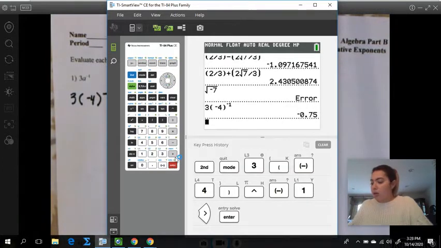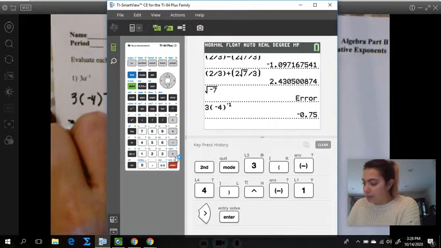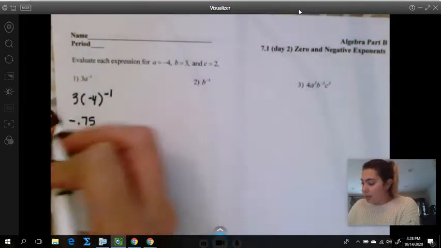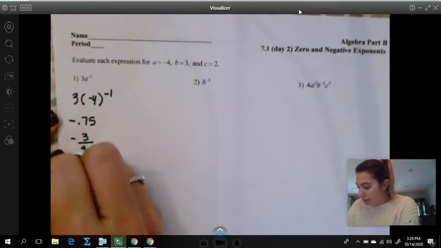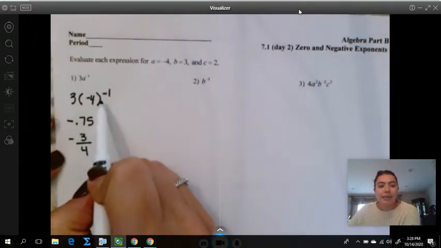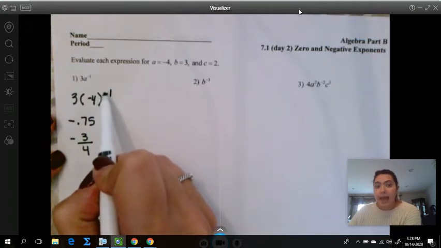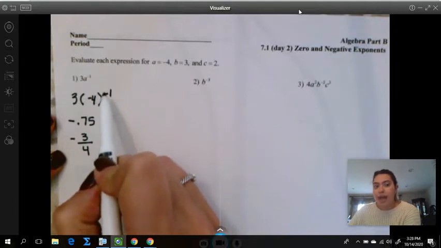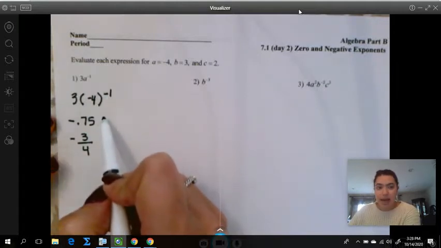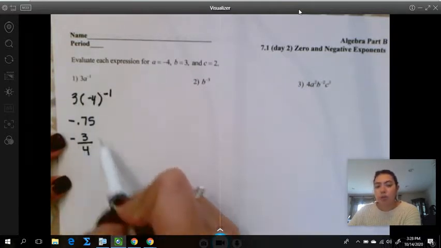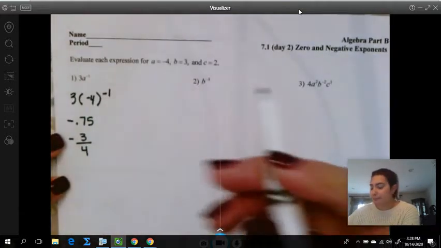And when we do so, we get -0.75 or -3/4. So it took this -4 to the negative first power and moved it into a fraction, 1/4, and it brought that 4 down to the denominator. So then we were left with 3 times -1/4, which gives us -3/4.